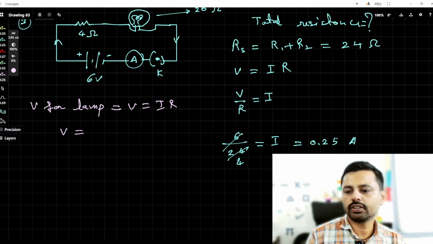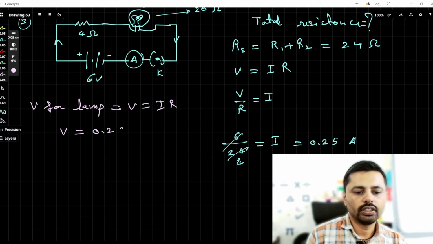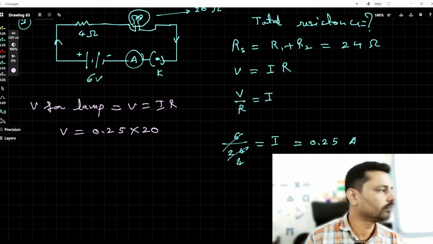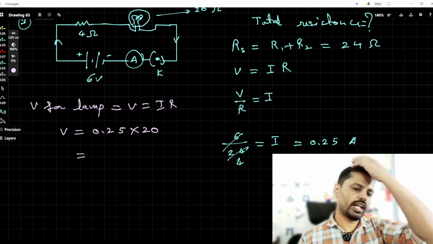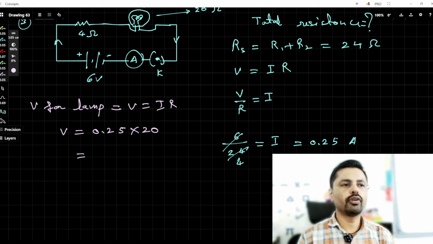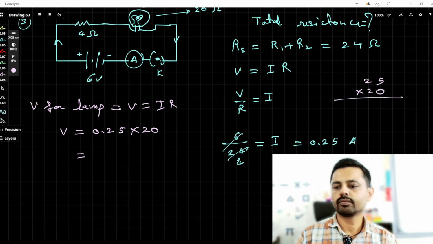I is how much? 0.25. In series the current never changes, the current will be the same, and resistance is 20. So into 20, 5 volt it should be.